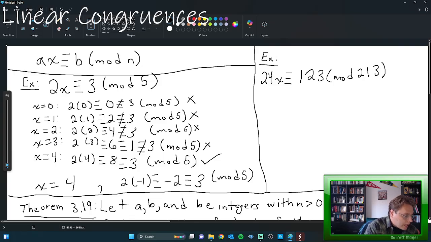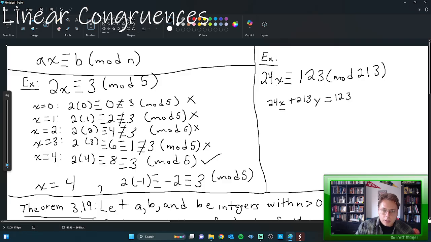But using these connections, what do we know? From theorem 3.19, we know that if a solution exists, it means that 24x plus 213y equals 123 has a solution.